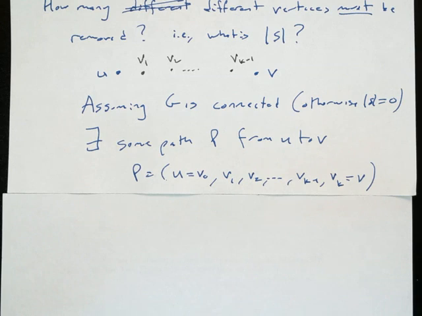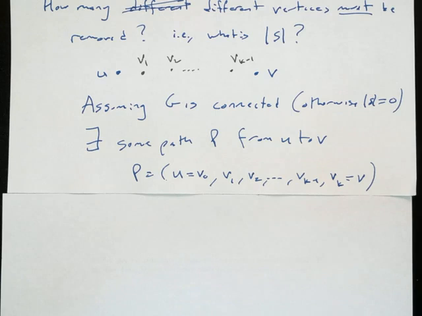But remember, since the way I draw a graph doesn't matter all that much, they could be all over the place. Doesn't matter. I'm going to call those the internal vertices of the path. If you think of a path as a graph itself, then it's got two vertices of degree 1 and a bunch of vertices of degree 2.